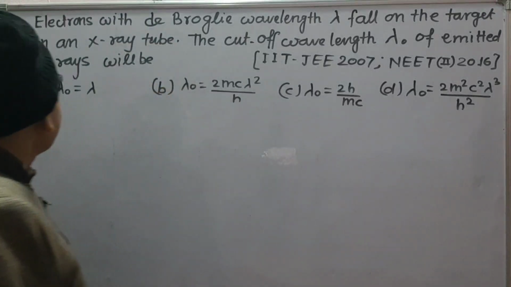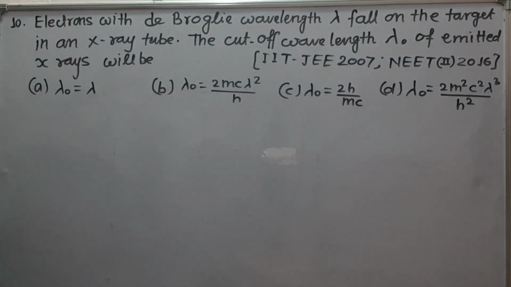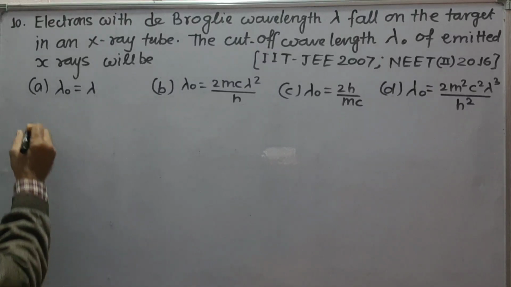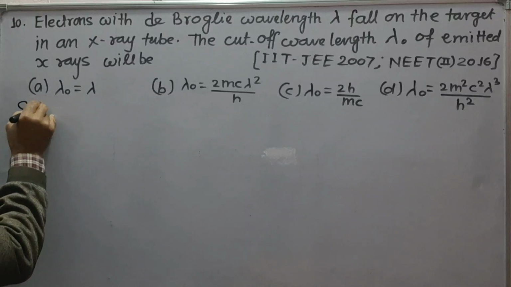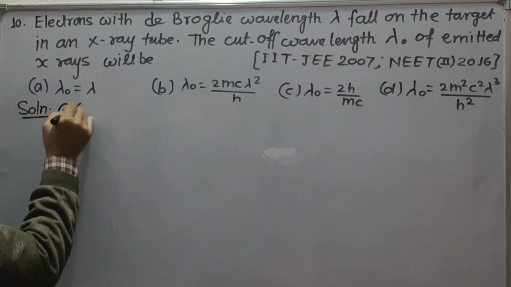Next question number 10. The question is, electrons with de Broglie wavelength lambda fall on the target in X-ray tube. The cutoff wavelength lambda naught of emitted X-rays will be. These are the options. Now solution to question 10.